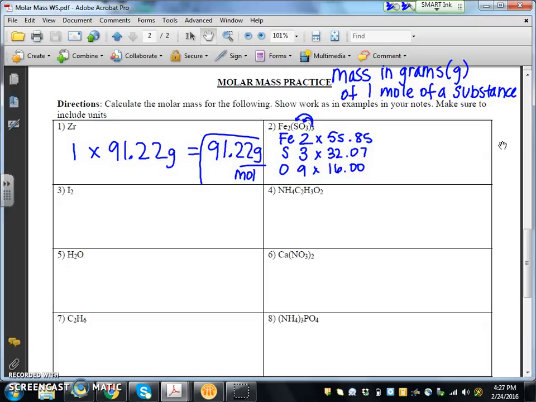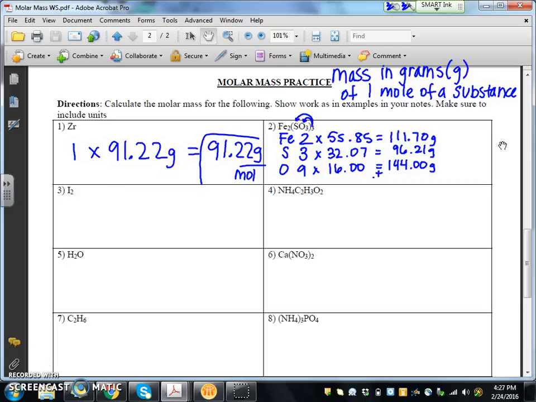So now we're going to use our calculators to multiply what we have. 2 times 55.85 is going to give us 111.70 grams. 3 times 32.07 will give us 96.21 grams. And 9 times 16 will give us 144.00 grams.